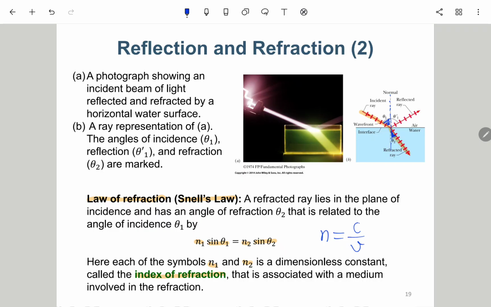So c over v will be larger than or equal to 1. If it is vacuum or air, it will be 1 or very close to 1. If it is other material like glass or water, it will be slightly larger than 1. This is the index of refraction, and this will be Snell's law.